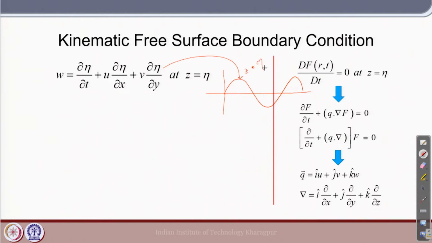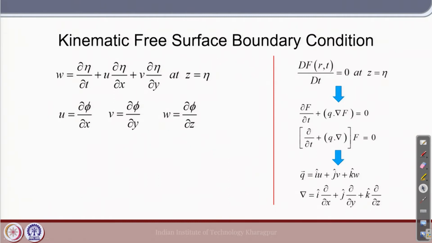So, therefore, we understand that this kinematic free surface boundary condition is w equal to ∂eta/∂t plus u ∂eta/∂x plus v ∂eta/∂y, and it should be applied at z equals eta.